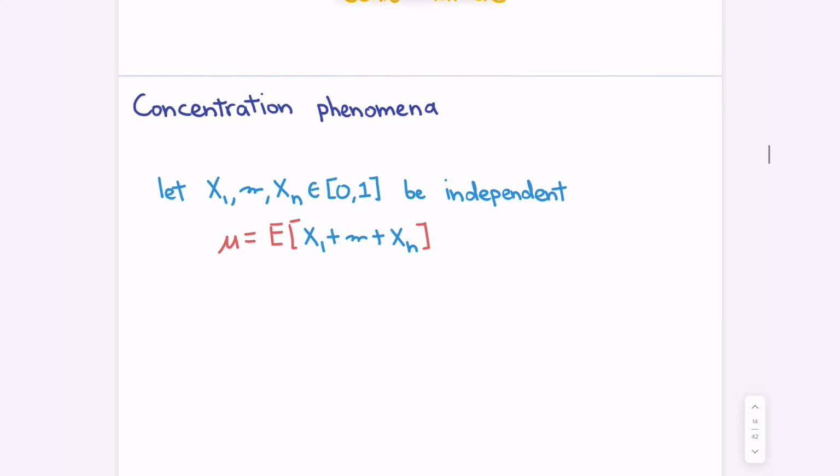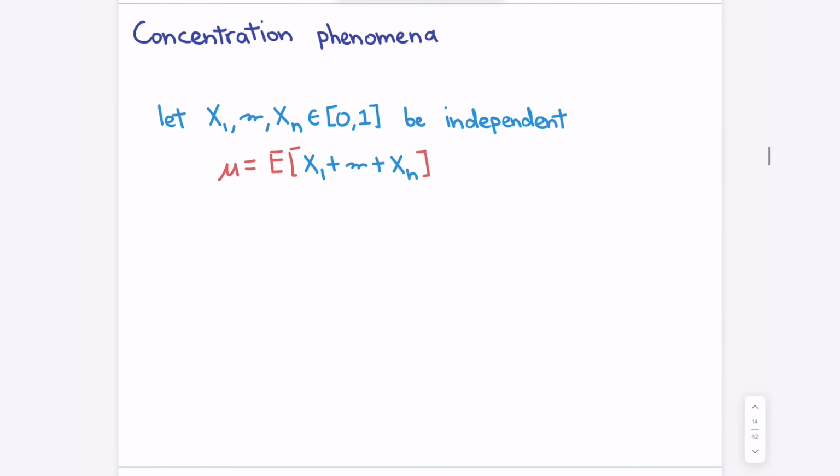Okay, so one way to model this is the following setup. Suppose I have a bunch of random independent variables. Okay, and they're bounded. What really matters is that they're bounded. Here I've bounded them to be between 0 and 1. If it goes between like 0 and 10, you scale down by a factor of 10.